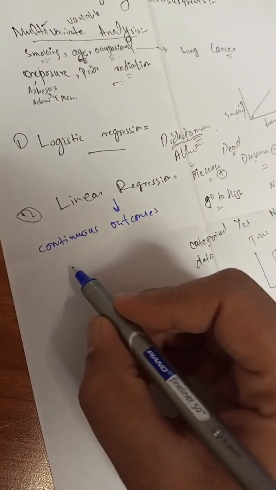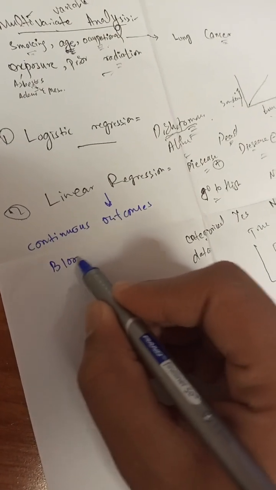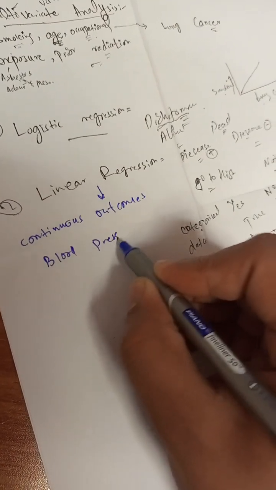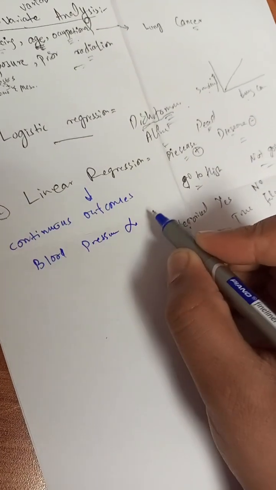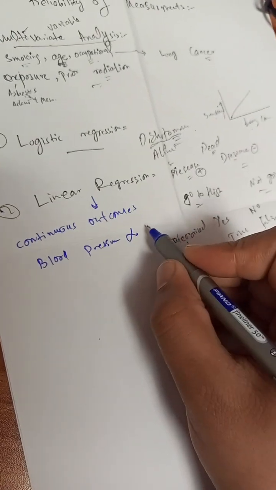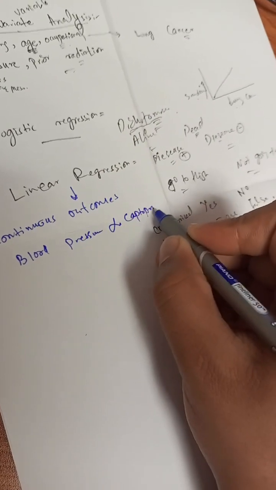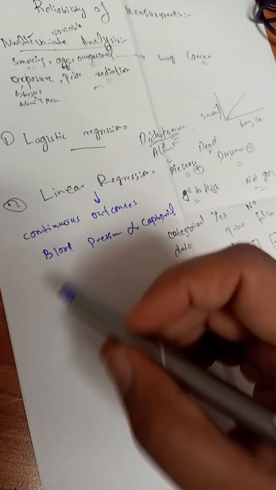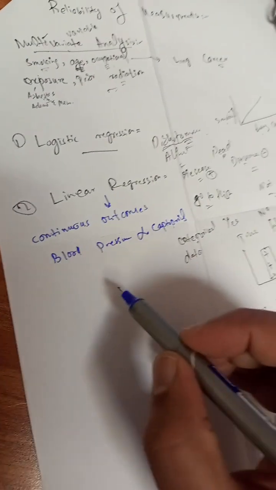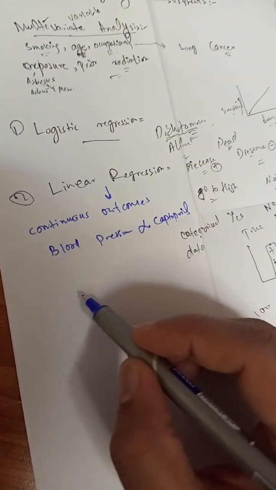Like if we take the relationship of blood pressure with captopril, this will show us a linear regression, right?